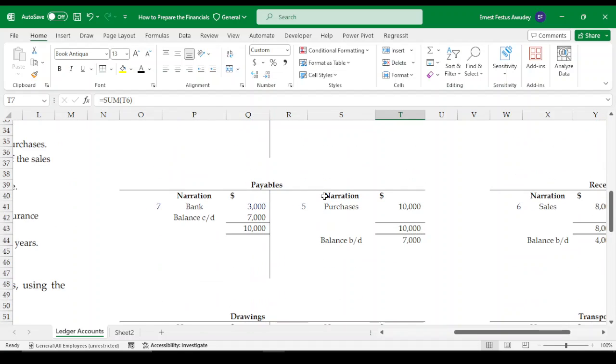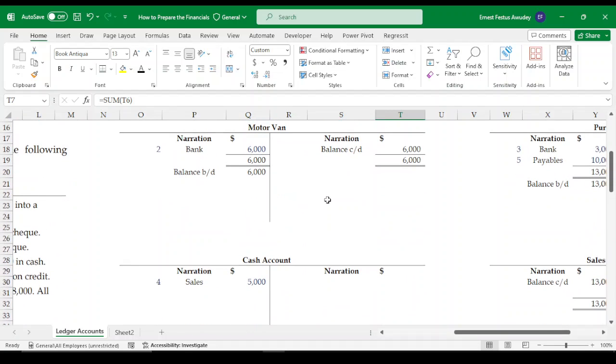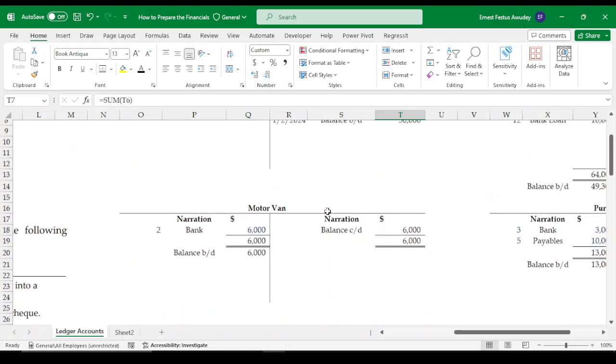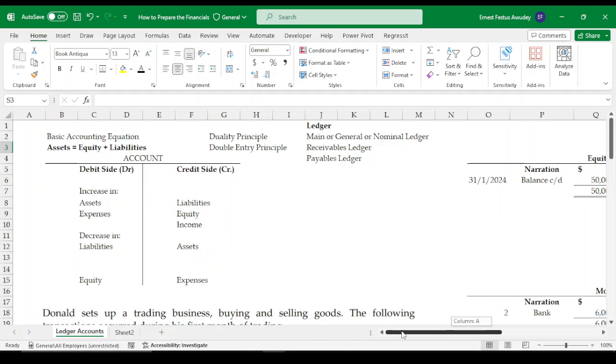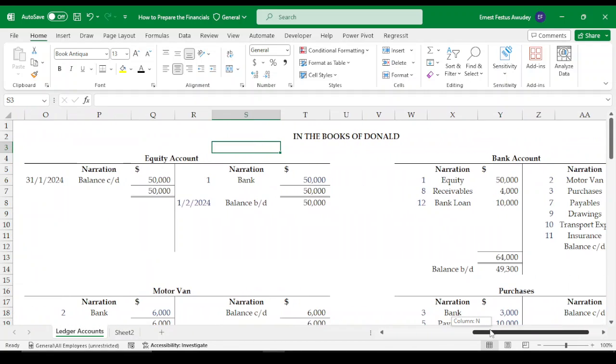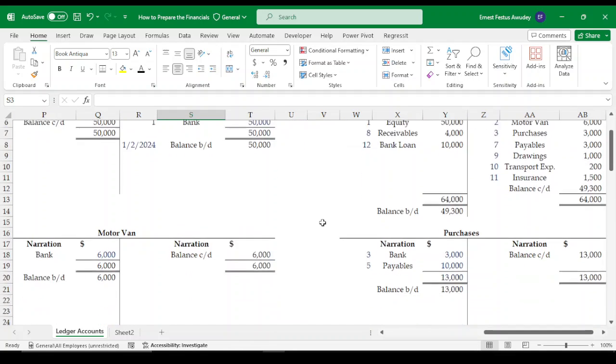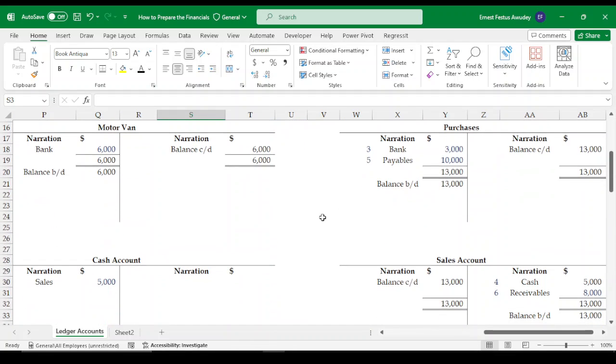So this is how we prepare the various accounts in Excel, and also input some automating functions to make our entries very dynamic and automated. I hope you've learned a lot in this video.